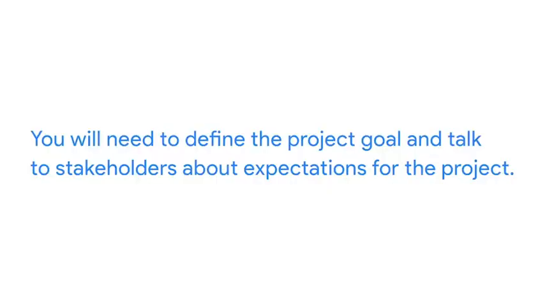Before you begin working on tackling the issue, you're going to need to define the project goal and talk to stakeholders about expectations for the project. In this case, the goal is to take average wait times down to less than 10 minutes on average compared to 30 minutes.